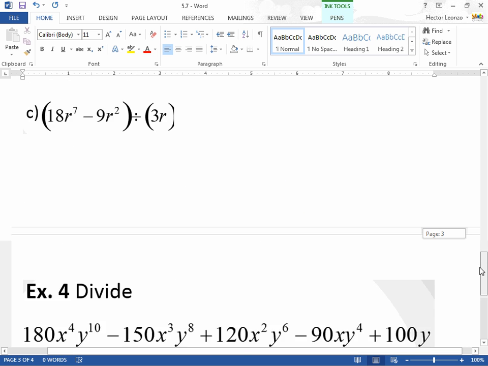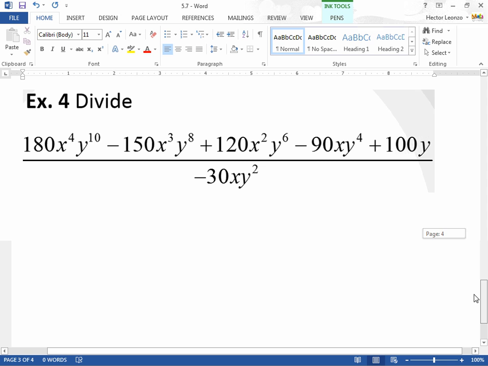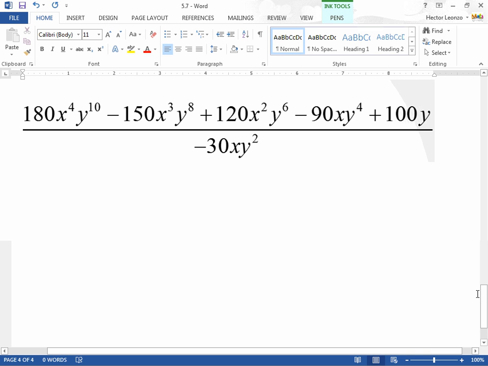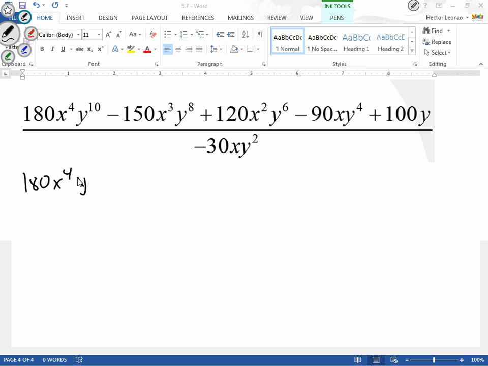Let's see. Let's come up with this one. Let me rewrite everything as a bunch of fractions. So I have 180x to the fourth y to the 10th over negative 30xy squared. My second fraction, I'm going to include the sign here.